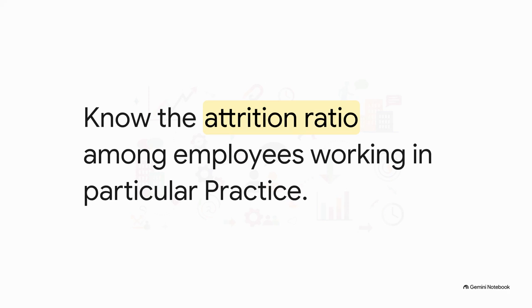If your engineering practice loses 5 people and your design practice loses 5 people, the raw number is exactly the same, right? 5. But what if engineering has 500 people and design only has 20? Losing 5 out of 20, that is a massive critical talent drain. That's a 25% ratio. Losing 5 out of 500 is a tiny 1% ratio. So the ratio is really the magic key to understanding the true severity of the talent drain.